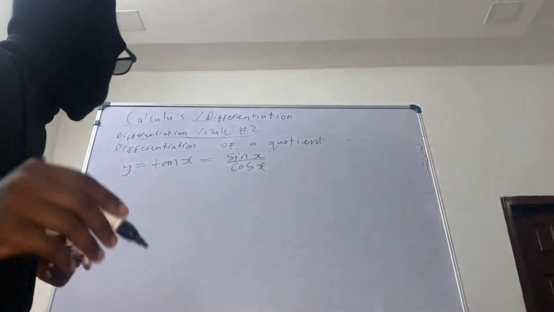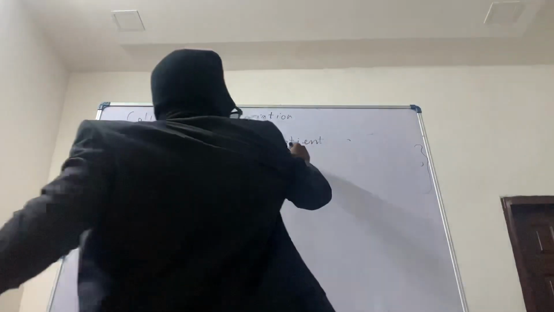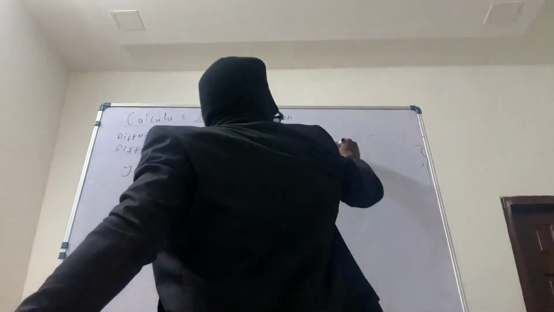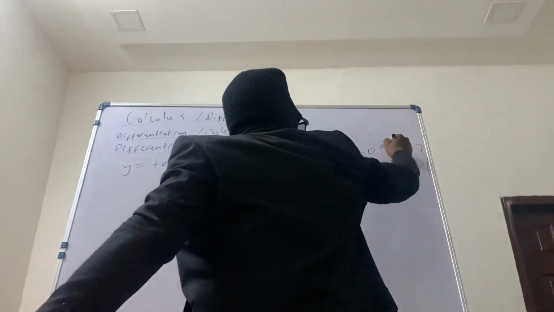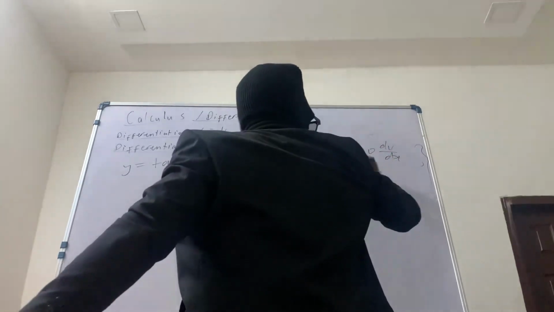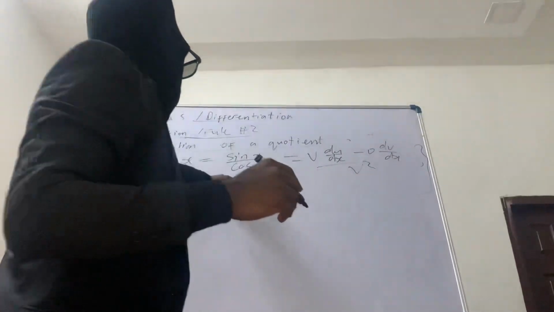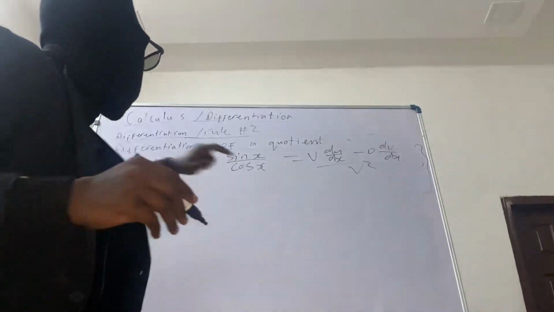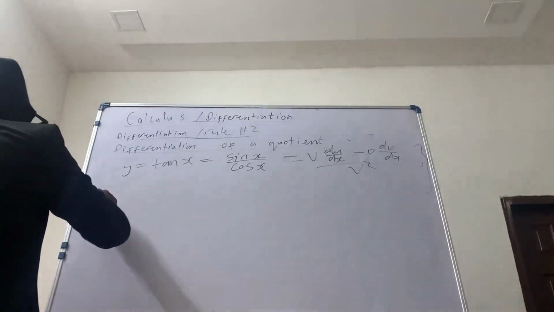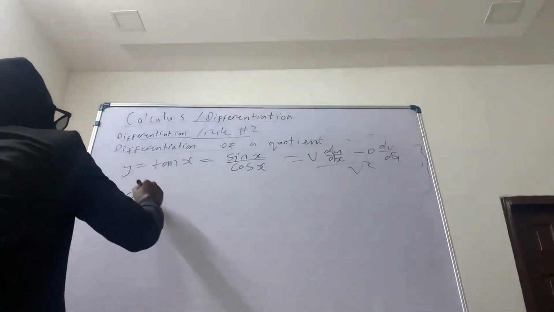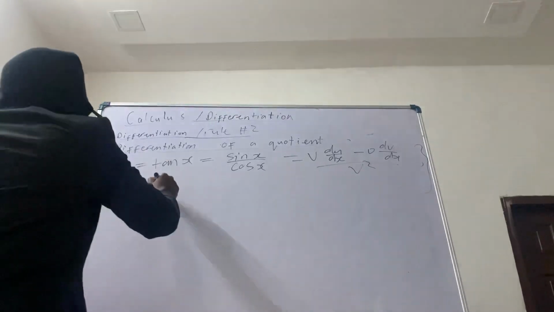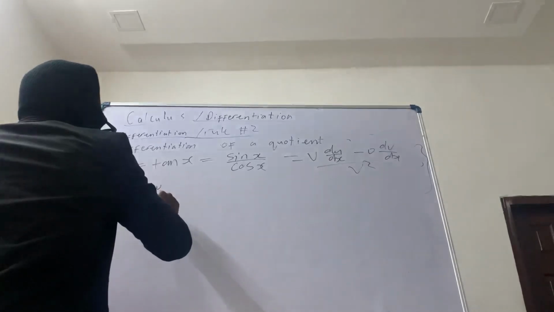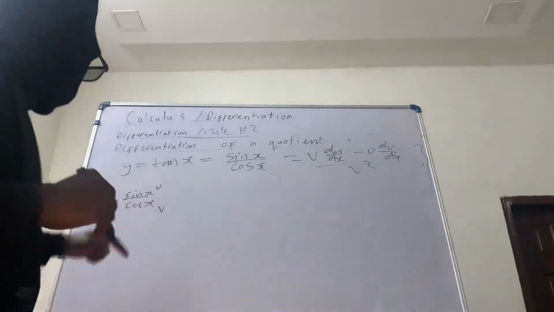From our rule, which was saying v du dx minus u dv dx over v squared, we can differentiate this function right here. So we are saying y is equal to sin x over cos x, right? So this one we can label as u and this one as v.